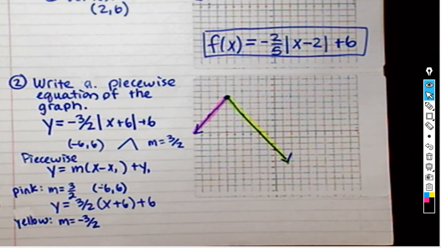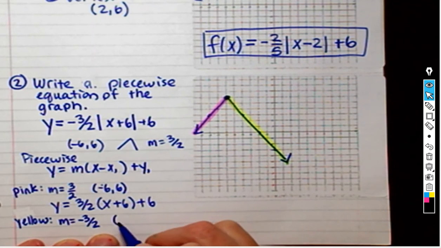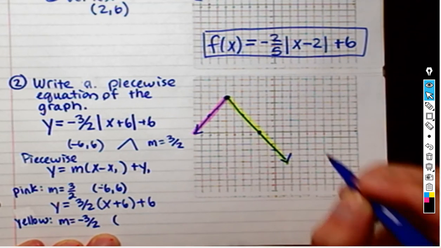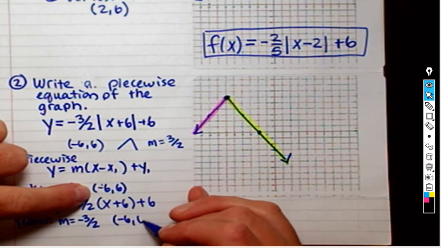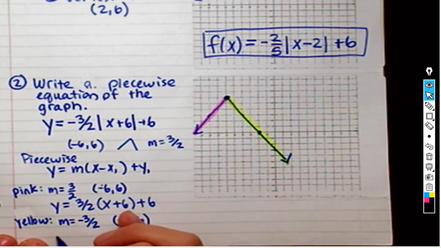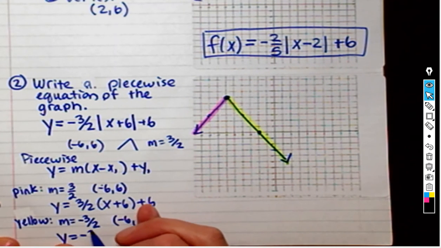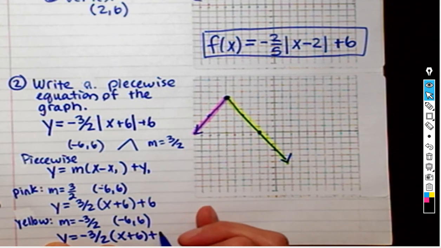Sophia, point on the yellow line. Okay, Sophia, sorry. What's the point on the yellow line? Negative 2, 0. Yes, that is a good choice. I'm going to make us choose negative 6, 6, just on purpose. Okay, write the equation. Negative 3 halves x plus 6 plus 6.